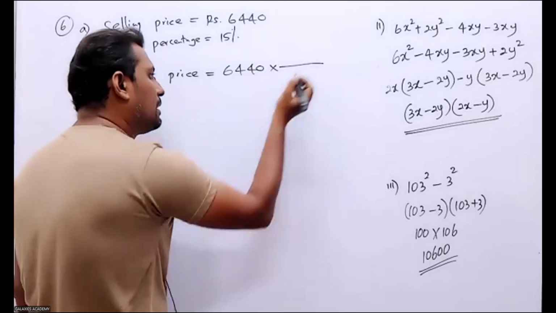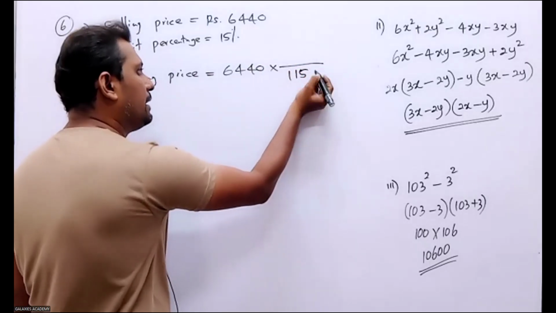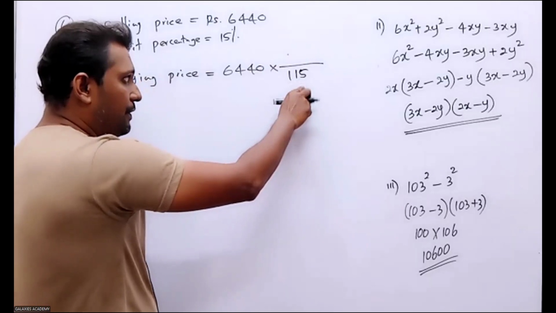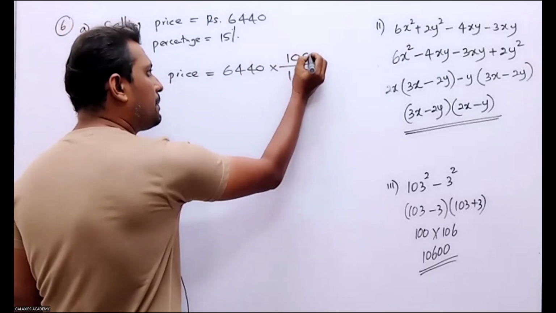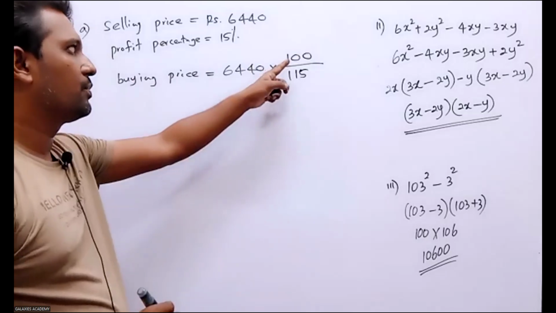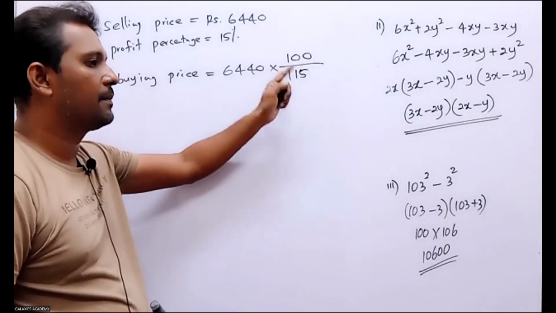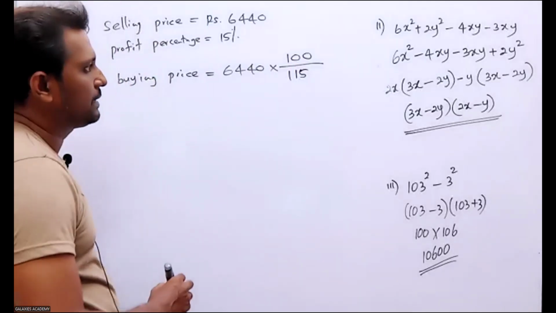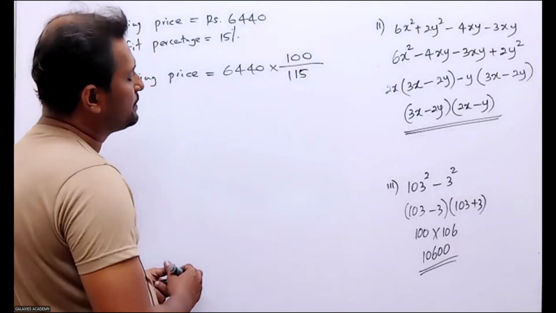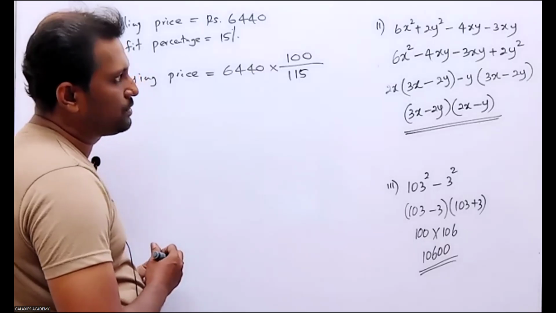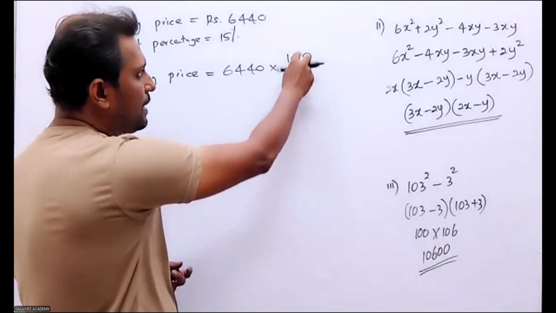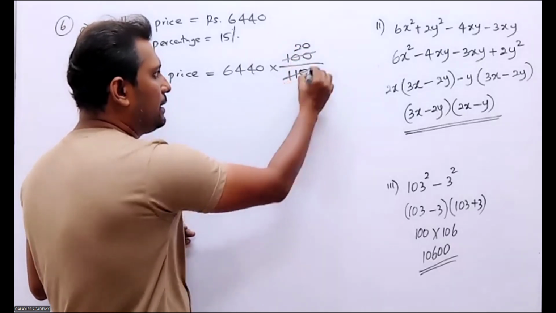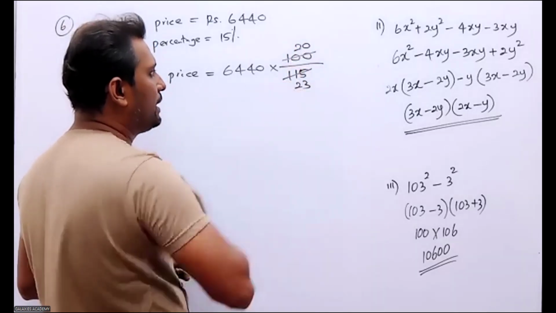You have to divide by 115 and multiply by 100, because we want to find the buying price. Buying price means the value of 100, right? Then you can simplify. These two I can divide by 5. 100 divided by 5 is 20. 115 divided by 5 is 23.